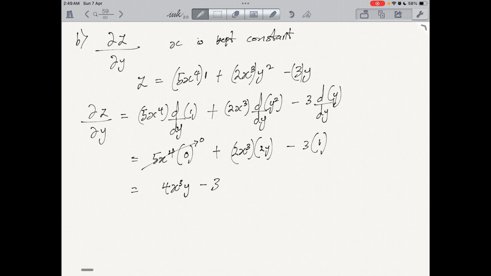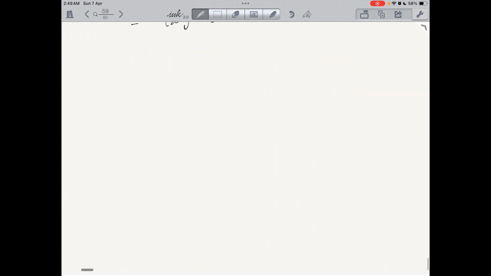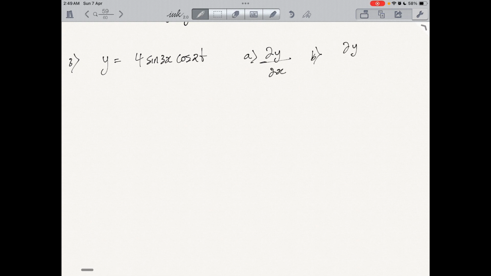Let's take another example. Given that y is equal to 4 sine 3x cos 2t, we are asked to evaluate the partial derivative of y with respect to x and the partial derivative of y with respect to t.